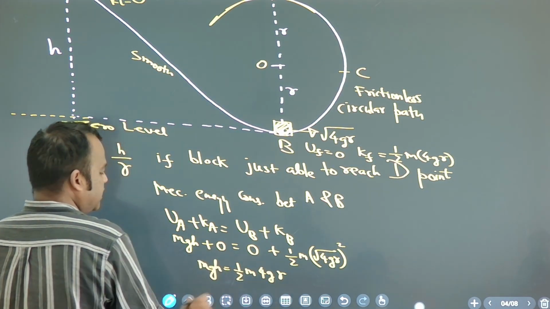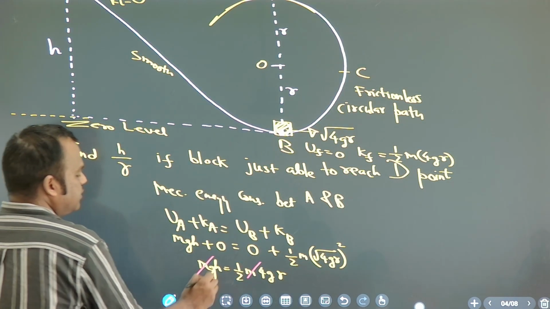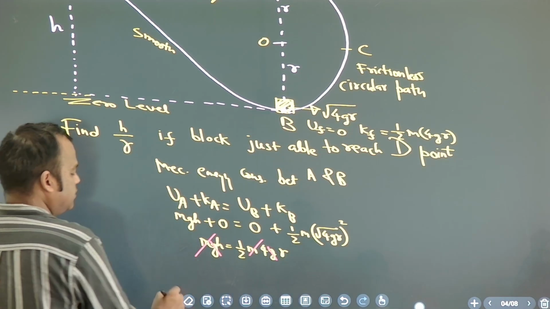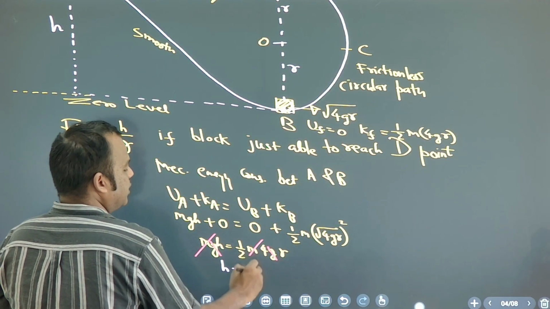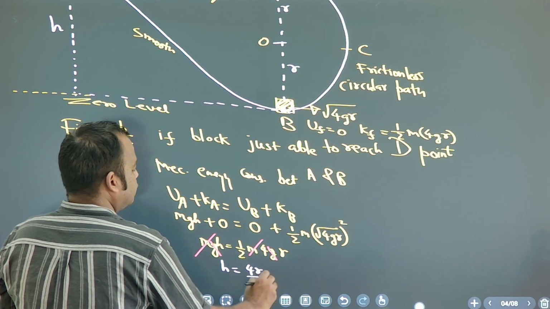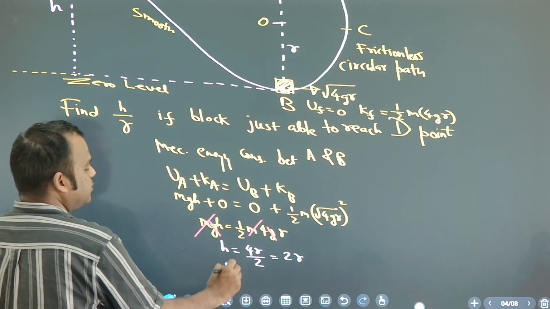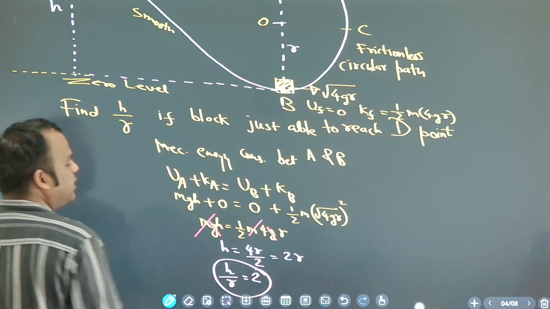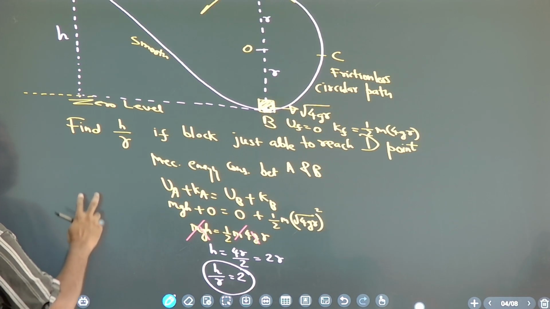Okay, g cancels. So what is h? h is equal to 4r by 2, which means 2r. So what is the ratio h by r? 2. So this is your answer. h by r is 2.